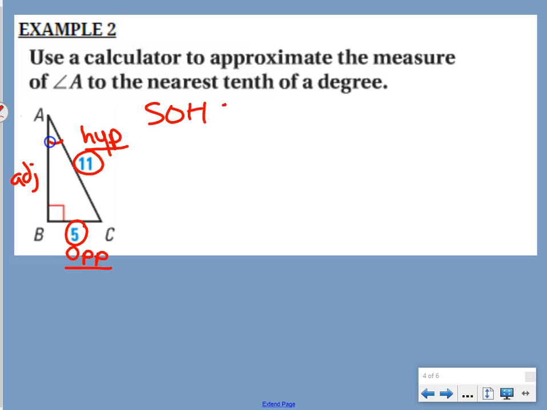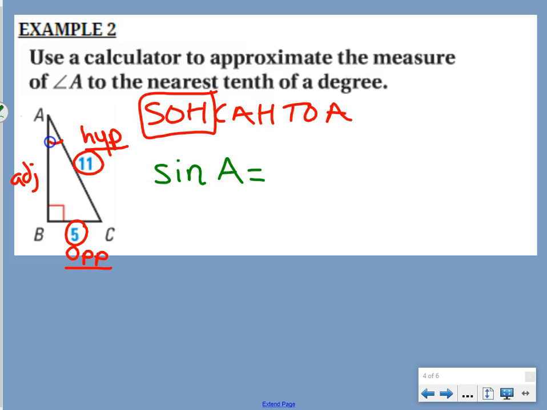So if we're looking at SOHCAHTOA, the sine function uses opposite and the hypotenuse. So we're looking at the sine of angle A is equal to the opposite side, 5, over the hypotenuse, 11.